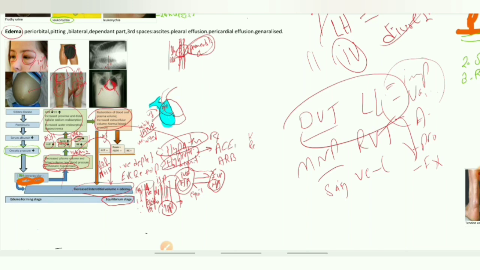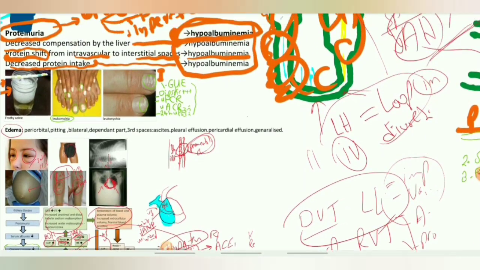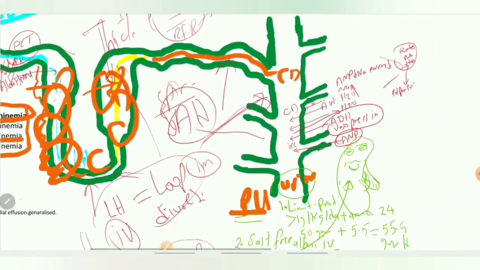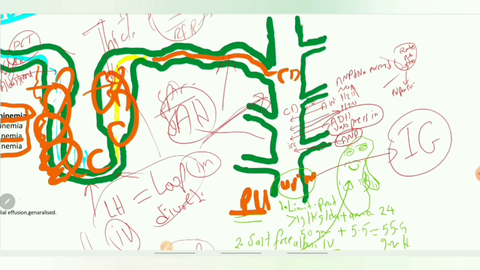What is also important here is that, as I mentioned, there is loss of immunoglobulin. When immunoglobulin is lost in the urine, this means that the immunity of the patient is lost, and the patient is exposed to infection.